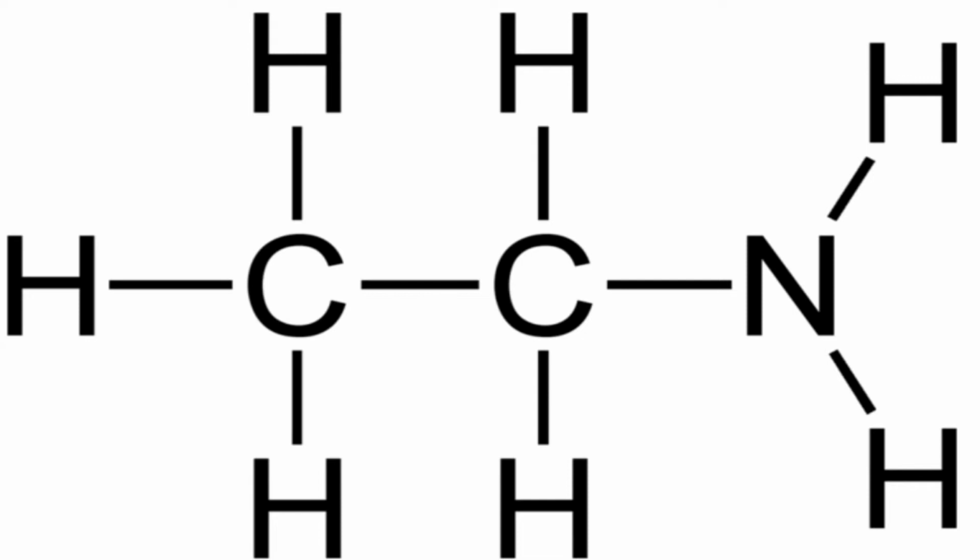Now, with this in mind, carbon 1 and carbon 2 both have 4 electron domains, and they're all single bonds. Therefore, we have 4 sigma bonds, but 0 pi bonds. Nitrogen, on the other hand, although it has three single bonds, still has 4 electron domains due to the fact that it also has a lone pair.